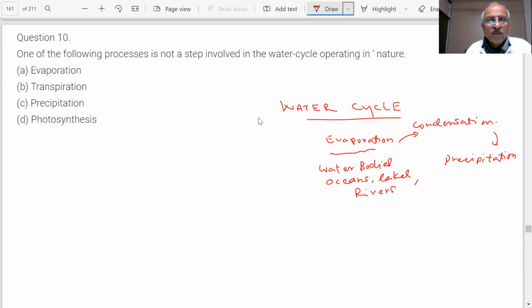What is the correct answer for this question? Sir, option D. Yes. You have studied one more thing, student, transpiration. What is transpiration?